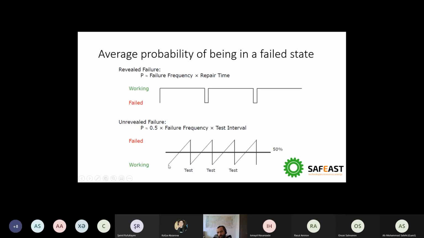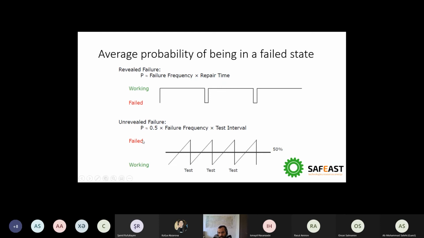It may fail somewhere before the next test. You don't know, but when you do the test at 6 months, you know that it is working. Or if it has failed, you fix it. Then again the failure frequency moves it from working to failed state until the next test, and you test it again.